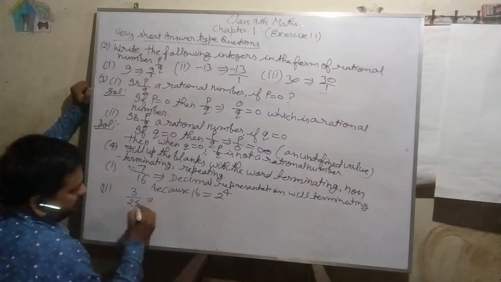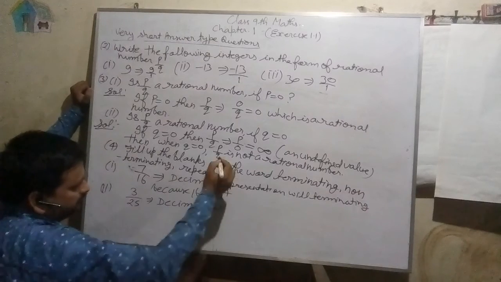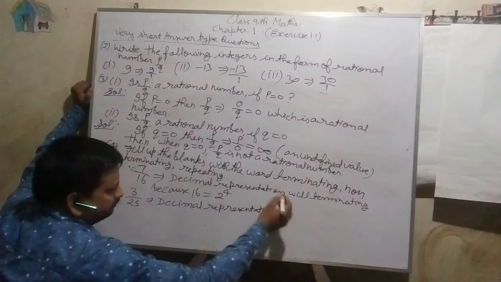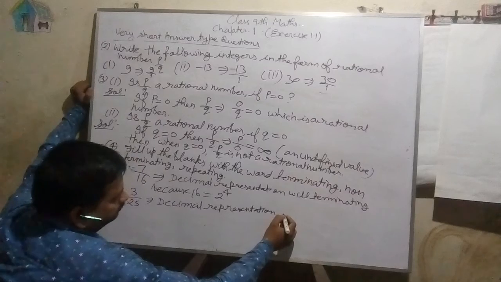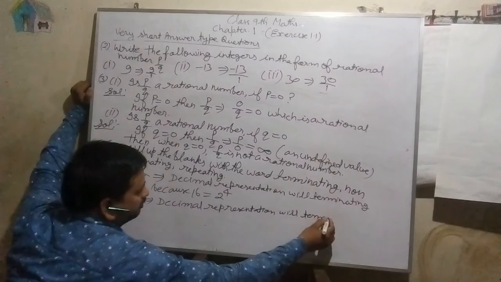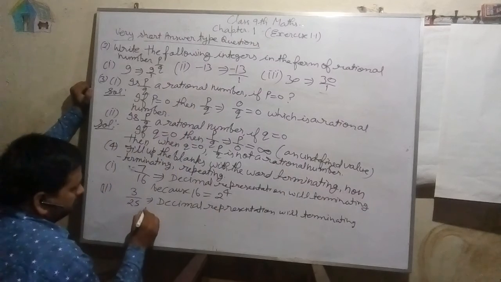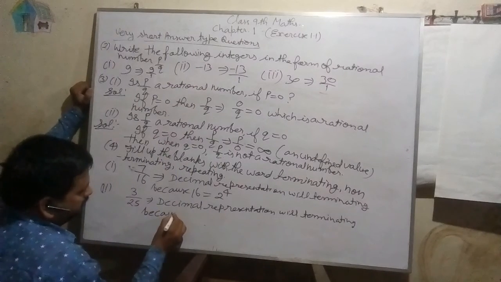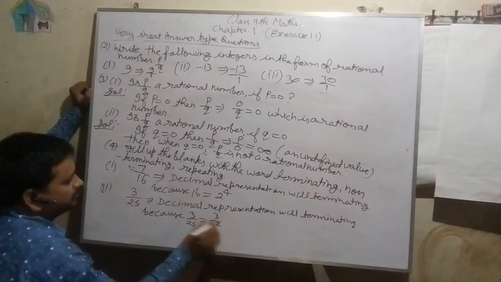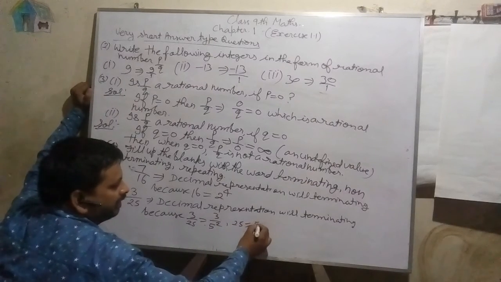3/25 decimal representation will be terminating because 25 equal to 5 raised to the power 2.